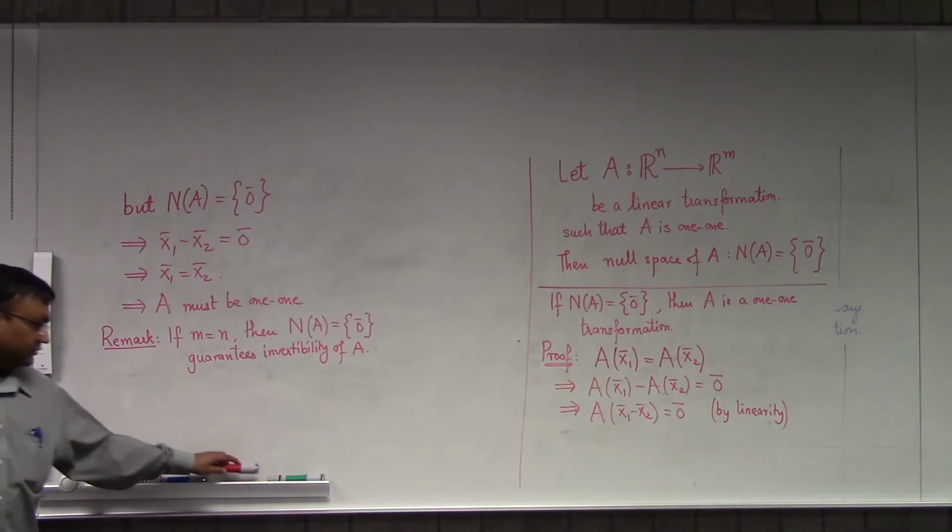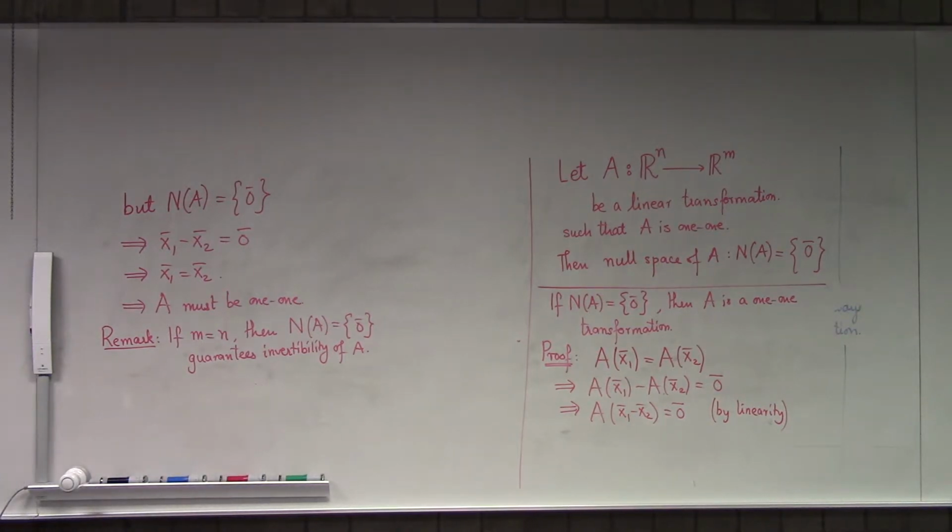So at least we have answered the questions that we had posed for ourselves. How is null space connected to invertibility, and 1 to 1 is.